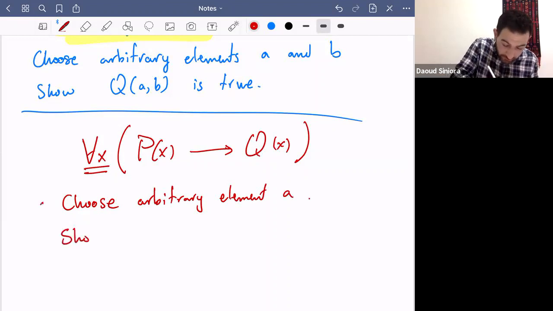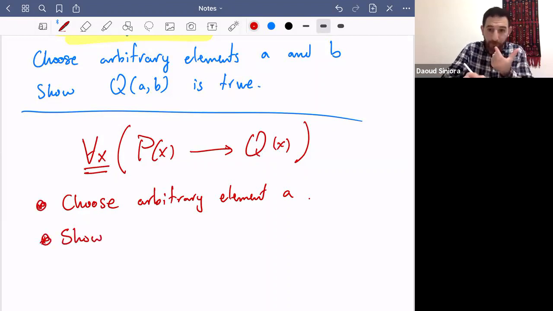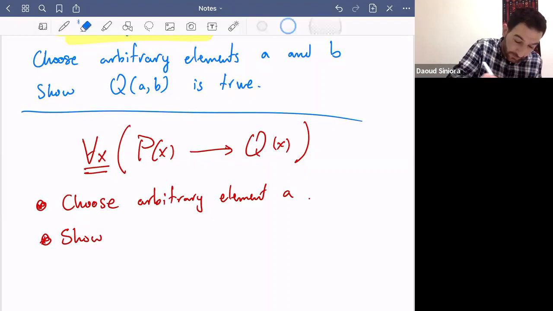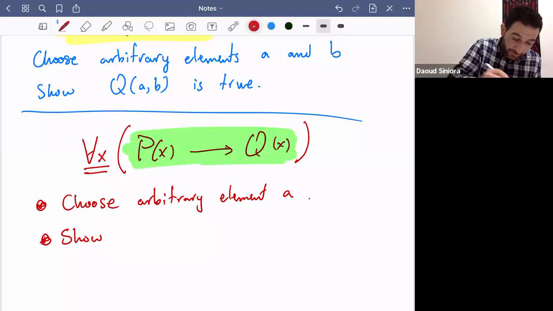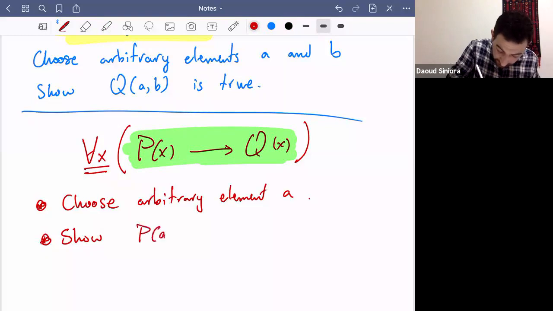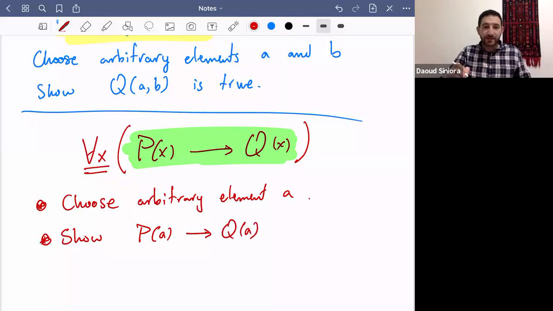Then we need to show that the property between brackets is true for this element A, which means that we need to show that P of A implies Q of A is a true statement, that this conditional statement has a true value.